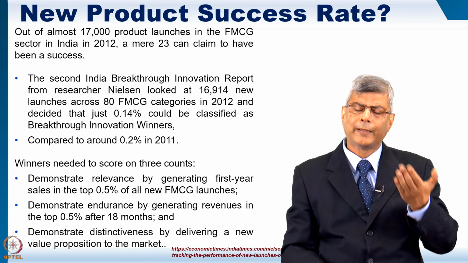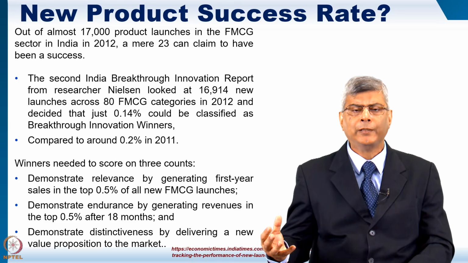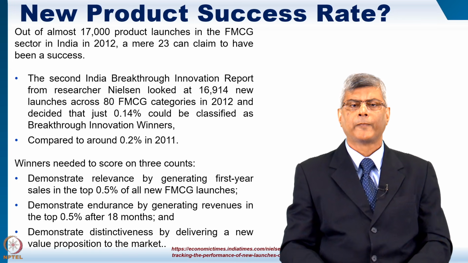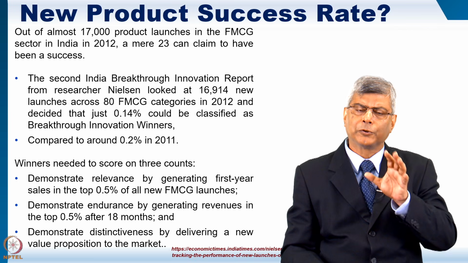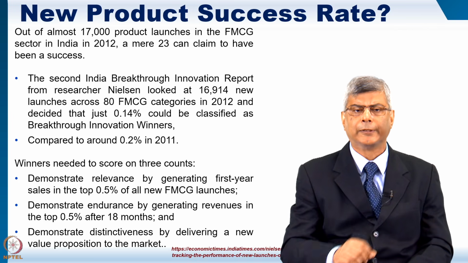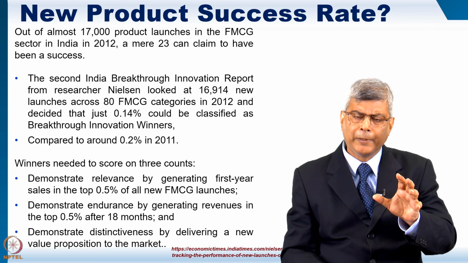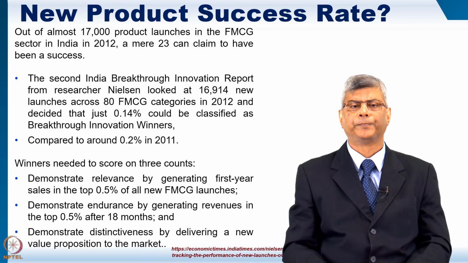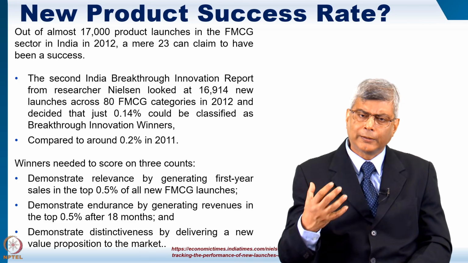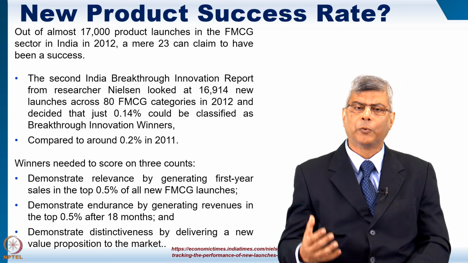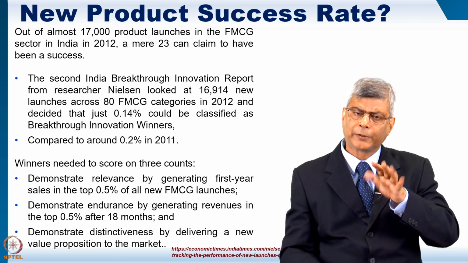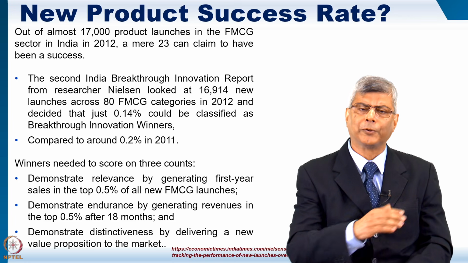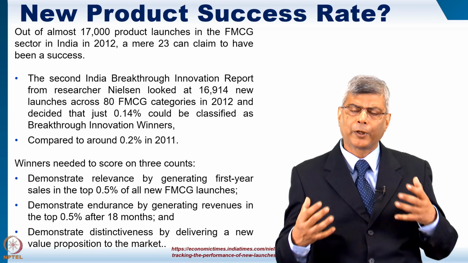If you look at the application of technology into new, innovative products, and just look at how many of those products succeed, you can see the numbers on the screen. Take a minute to pause here and read what's on the screen. The largest global researcher in the world, Nielsen, did some surveys in '11, '12, and they continue to do surveys around the world in terms of new product success rates.